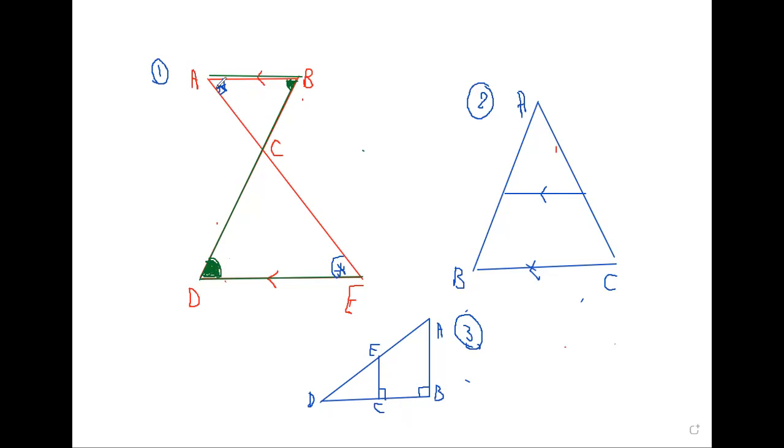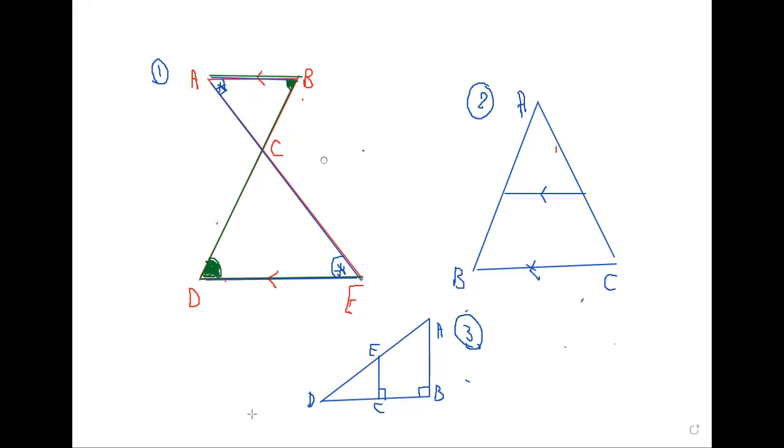They are alternate interior angles. But this time we will take the transversal AE. So it seems like we have letter Z from the other side, like this. Did you see? Then we found two corresponding angles equal in measure, then the two triangles are similar.